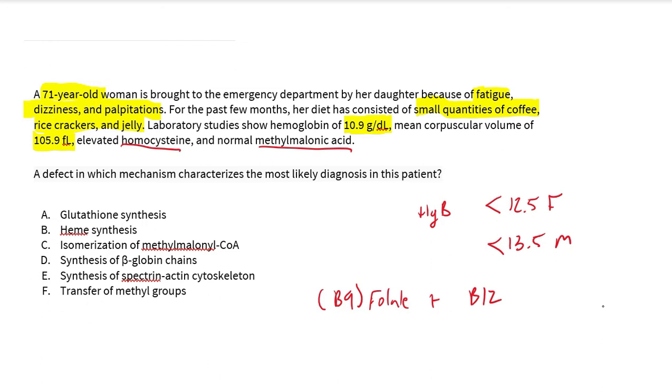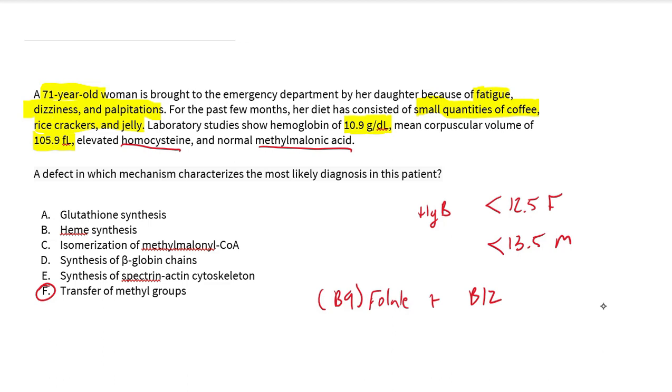Now that we understand this is a problem with folate deficiency, since folate is involved in the transfer of the methyl group at the 5 position to tetrahydrofolate, we can say that F, transfer of the methyl group, is the correct answer.